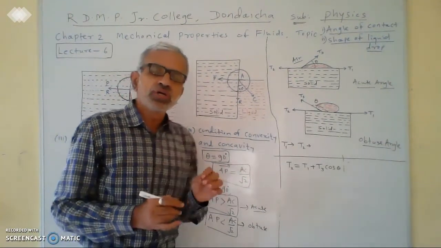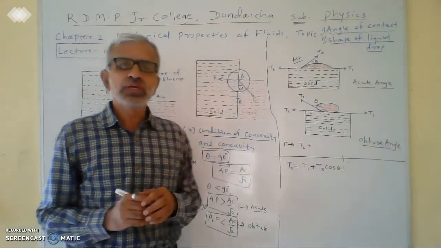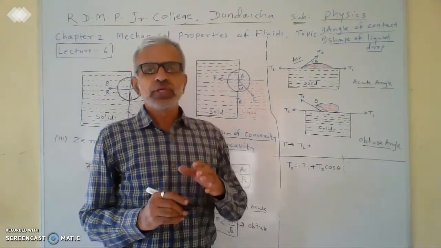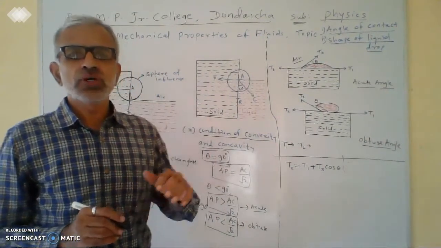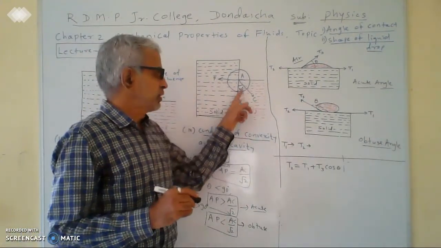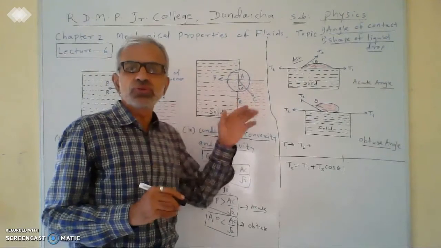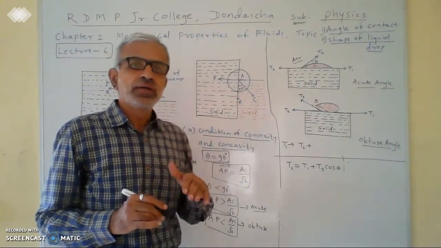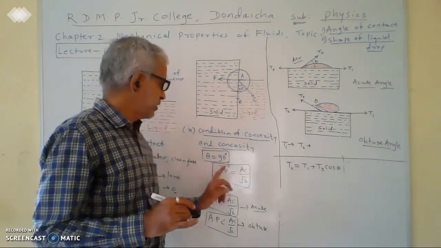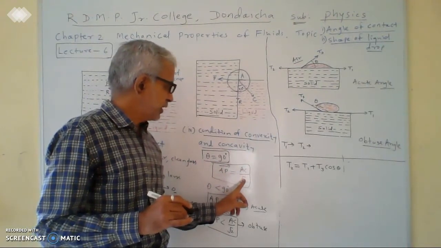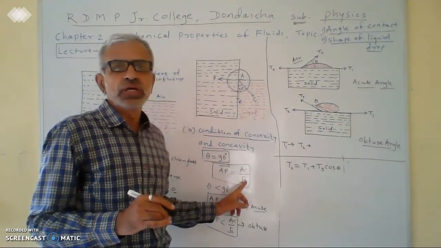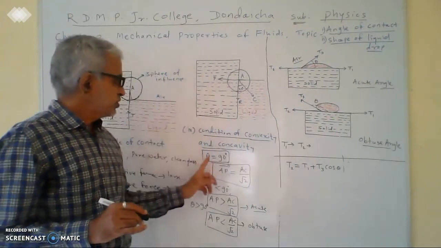Means if angle of contact of the liquid is 90 degree, then for that 90 degree angle of contact, this angle between AC and surface will be 45 degree, and condition is that vector AP should be AC upon root 2, and this is for 90 degree.